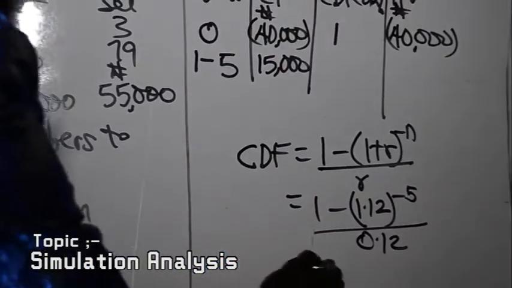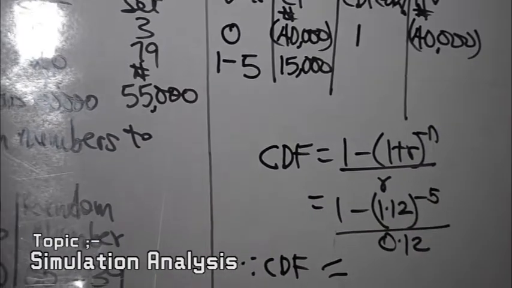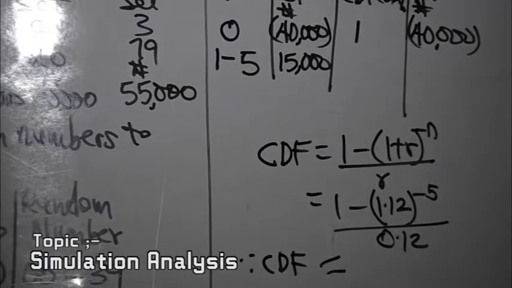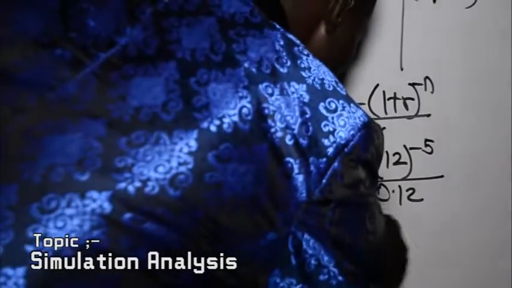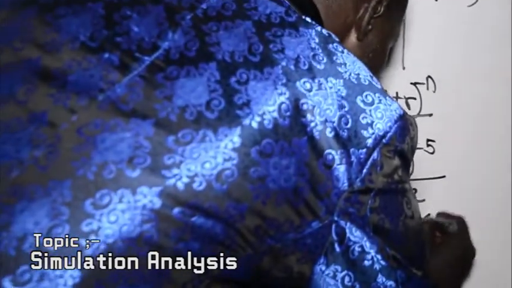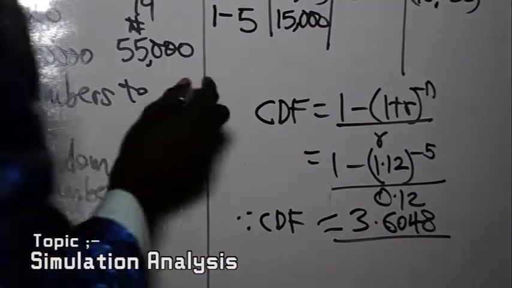If you use your calculator, the cumulative discount factor for year 1 to 5 is 3.6048.